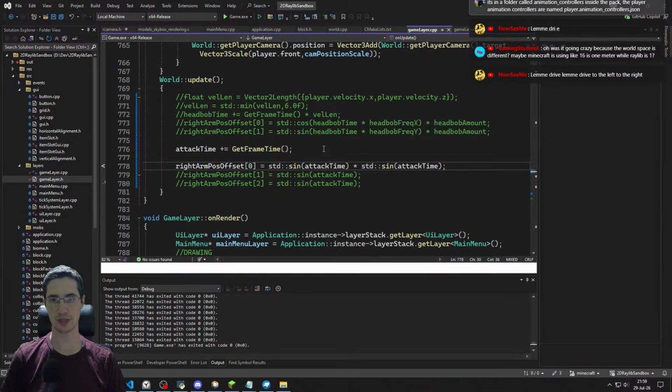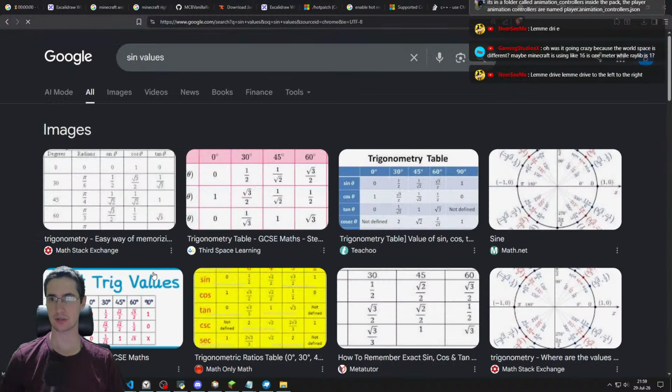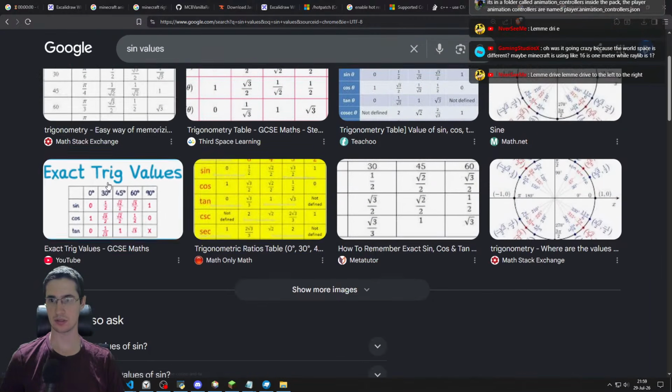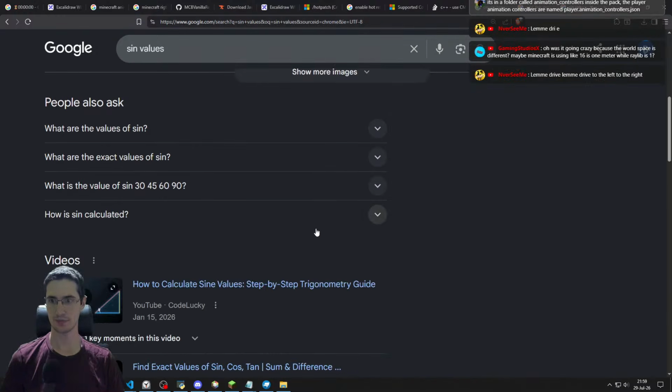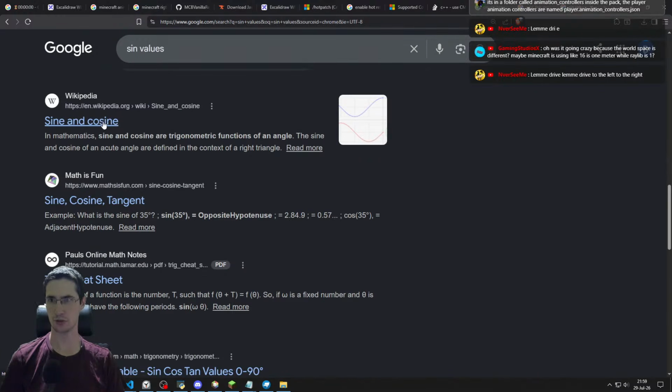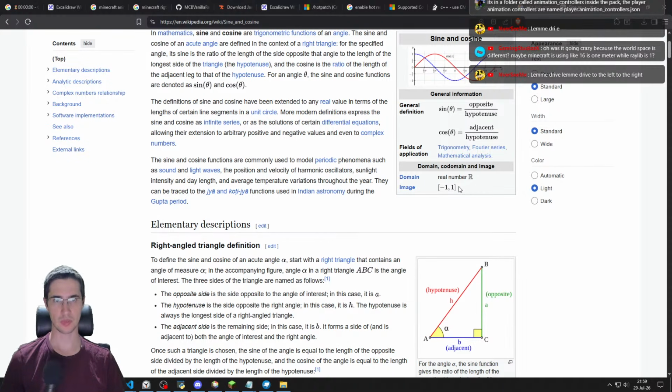Okay, so this was to the left and to the right. So a sinus gives a value between -1 and 1, right, chat? I forgot. Sine and cosine. Yeah, between -1 and 1.